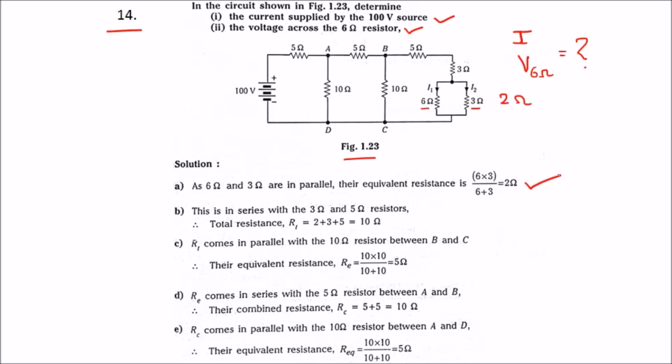Again this 2 ohm will be in series with 3 ohm and 5 ohm, which will be 10 ohm. This 10 ohm will be in parallel with this 10 ohm, which is equivalent to 5 ohms, and this 5 ohms will be in series with this 5 ohm.